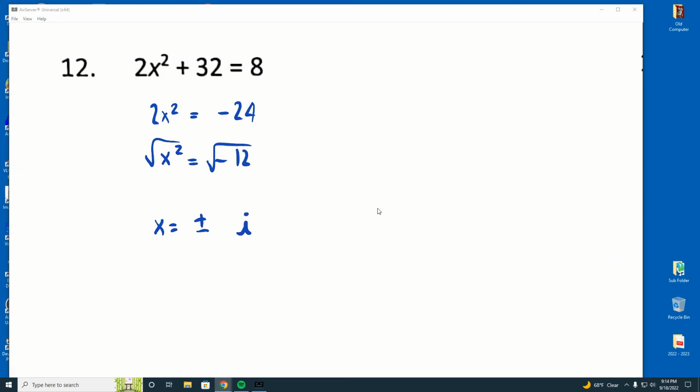As an i. And 12 is not a perfect square, but 4 goes in there 3 times, and 4 is a perfect square. Now don't try to break it down with 6 and 2. Neither of those are perfect squares, but 4 is. So it gets to escape as a 2, and the 3 gets trapped inside. So how do I write this? Well, I need to put the 2 in front of the i, and I need to put the square root of 3 after it. So my answer is plus or minus 2i times the square root of 3.